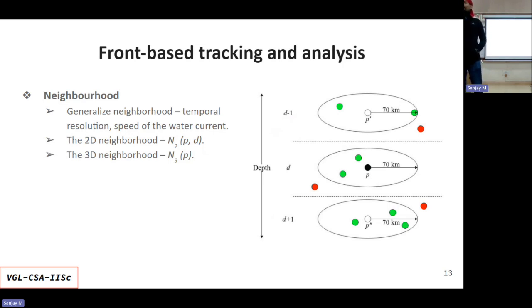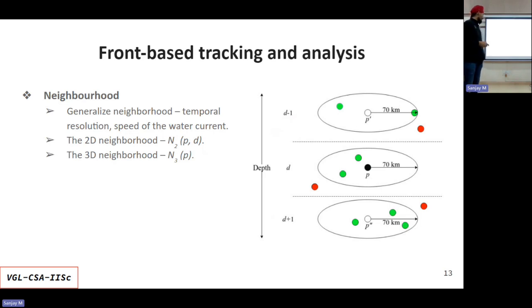So we create a neighborhood because we have temporal data of 1 day resolution. We create a neighborhood which is basically a 70 kilometer radius over 1 day. Over two times which are 1 day apart, we need a neighborhood of 70 kilometers, because that's the maximum distance any current can travel.